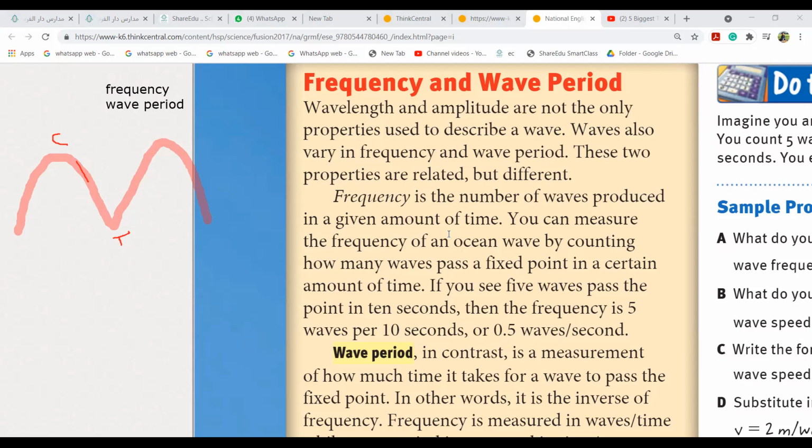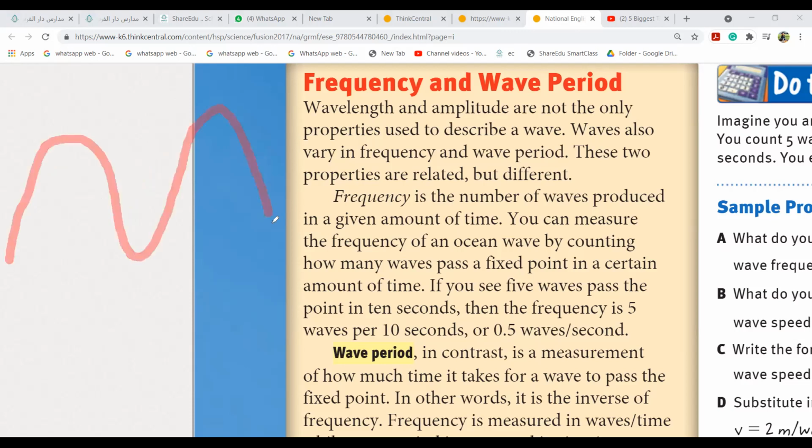Did you understand what all we studied? We studied about wavelength, crest, trough. Okay, tomorrow when I'm coming to the class, I will draw this line and I'll ask you, where is the crest? Where is the trough?